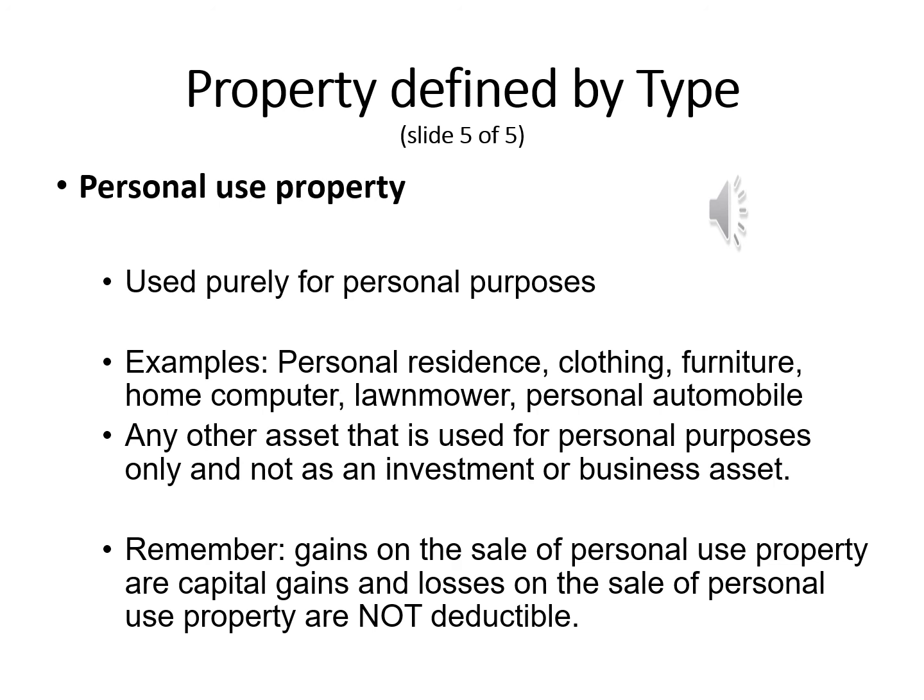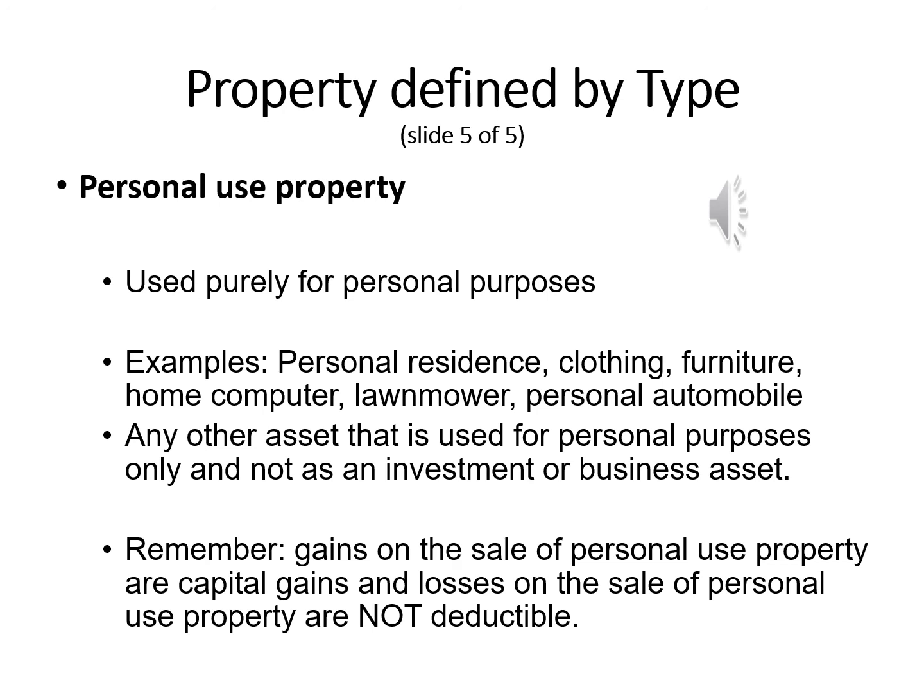And then I note here on the bottom of this page, remember the rules are not the same when you sell personal use assets. If you have a gain on the sale of personal use assets, they are taxed as capital gains. But on the other side, if you have losses on the sale of personal use assets, unfortunately, these are non-deductible personal losses, and you can't take any of the deductions for that.